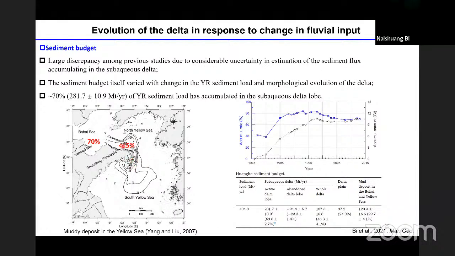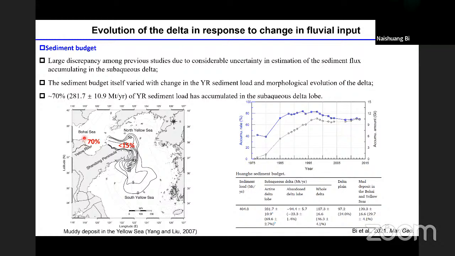Numerous studies have examined the Yellow River sediment budget in the East China Seas. However, there's a large difference among previous studies due to considerable uncertainty in the estimation of the sediment deposit in the Yellow River Delta.